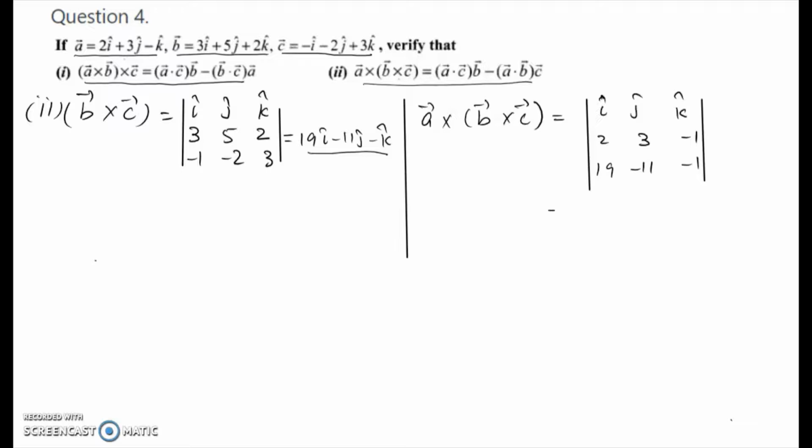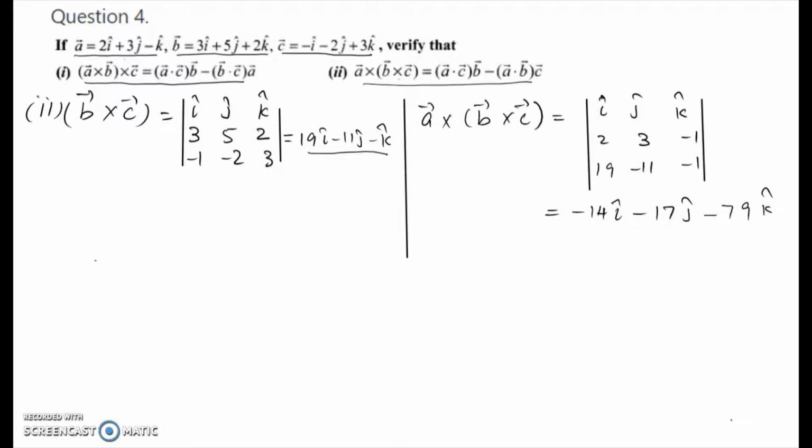So further solving this, we will get minus 14 I cap minus 17 j cap minus 79 k cap.